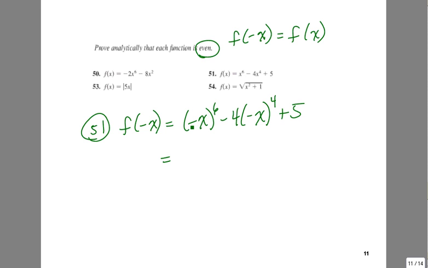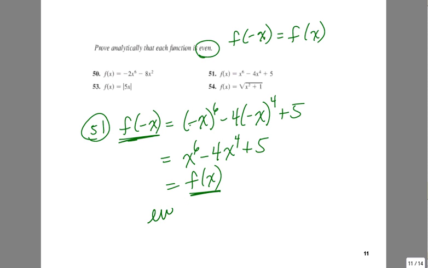So if I raise a negative to the 6th power, a negative to an even power is positive. So this is just going to become x to the 6th. Minus 4 times, if I raise a negative to an even power, I still get just x to the 4th plus 5. Well, notice that is my original function, right? That is f of x. So f of negative x is equal to f of x, so that proved that that function is even.